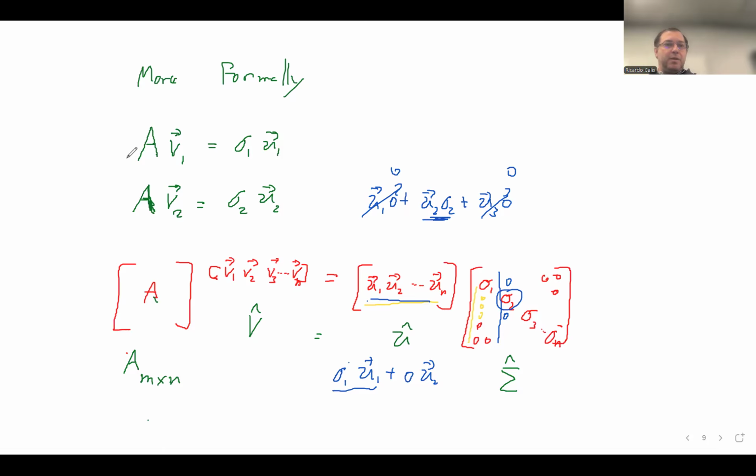And I'm going to write it up here so that you guys can see it, probably in orange maybe. All right, so the formula now would become A times V equals V hat, U hat times the diagonal. Do you guys see that?